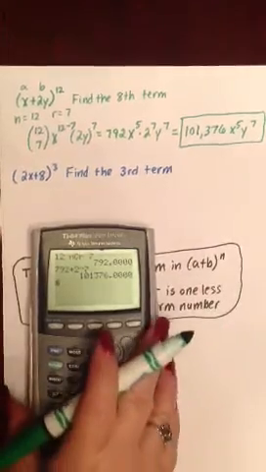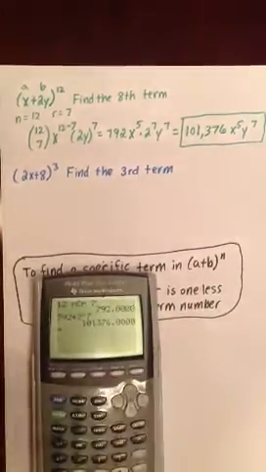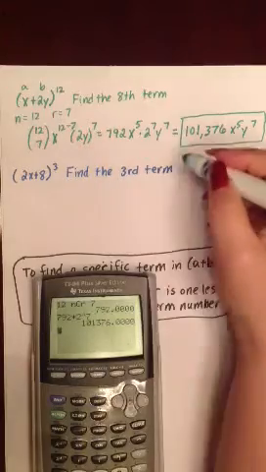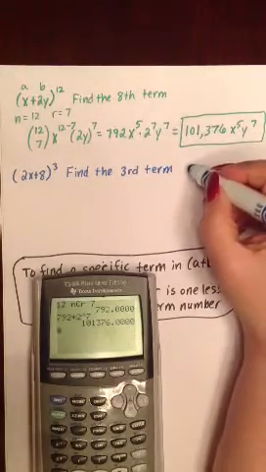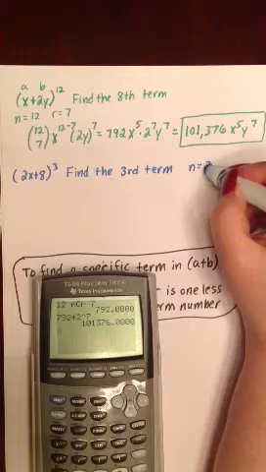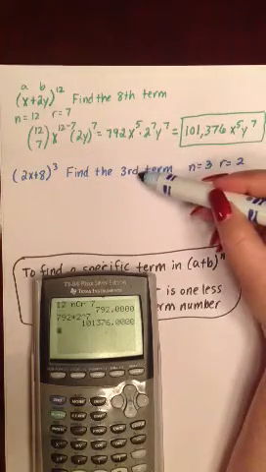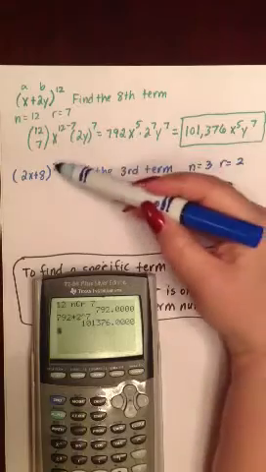All right, our next one, it says find the third term in the expansion of (2x + 8)^3. All right, so in this particular problem, we're going to say n is 3 and r must be 2, because r is 1 less than the term number, and n is always the power.